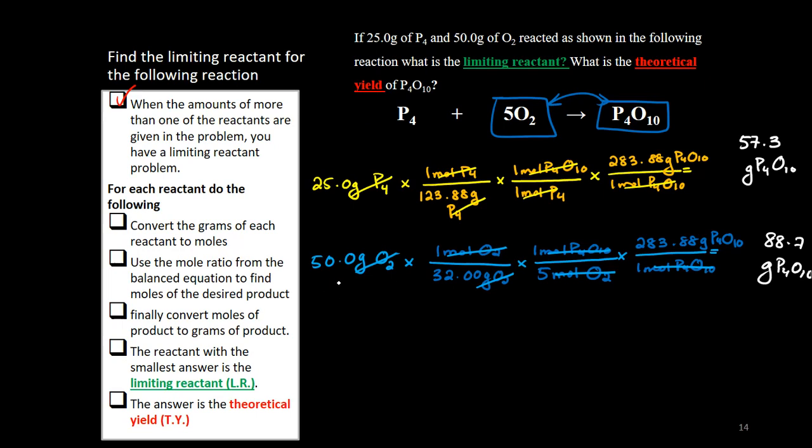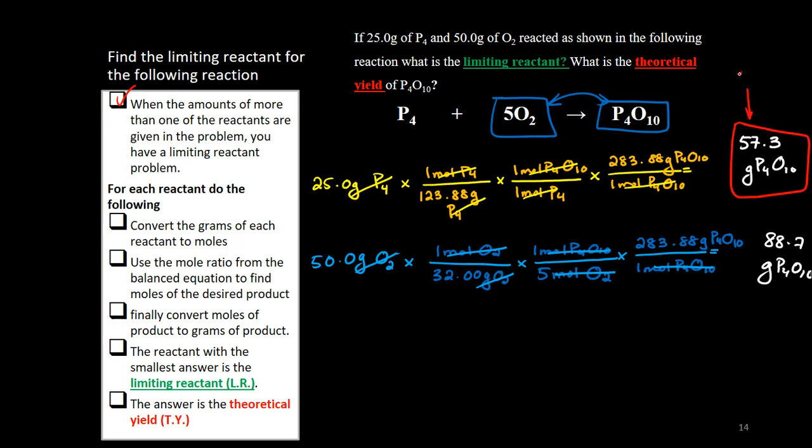So the reactant that is producing the smaller amount of P4O10 is the phosphorus, the P4. The smaller amount of product is actually called the theoretical yield.